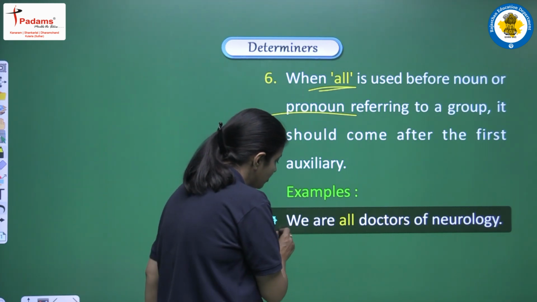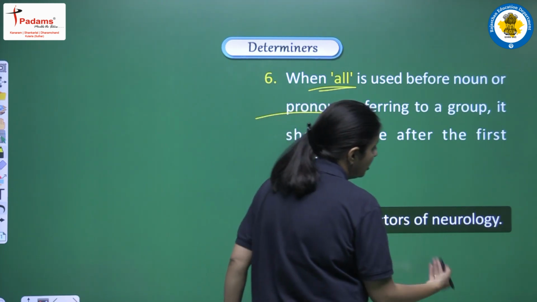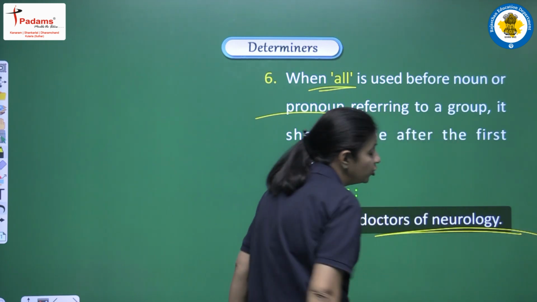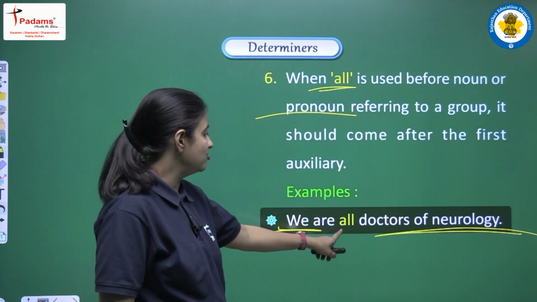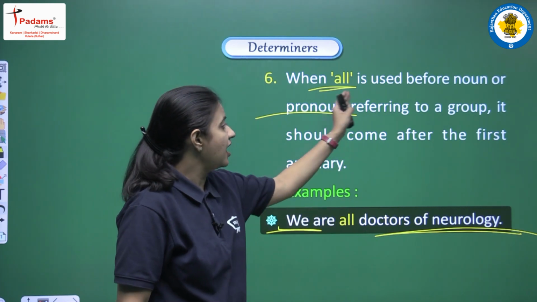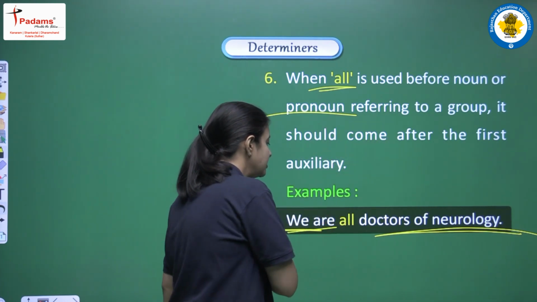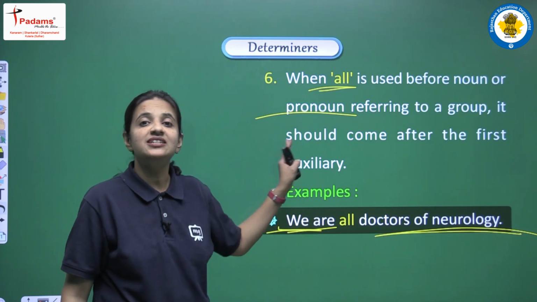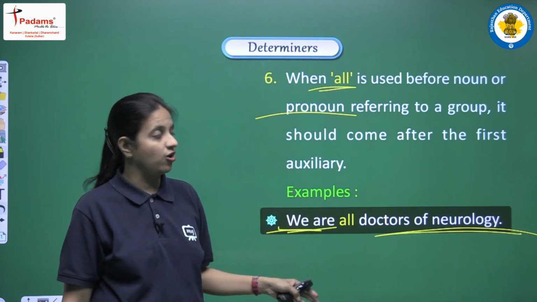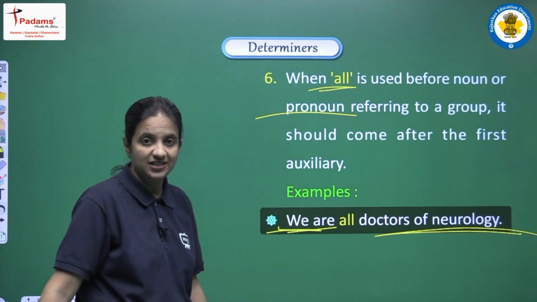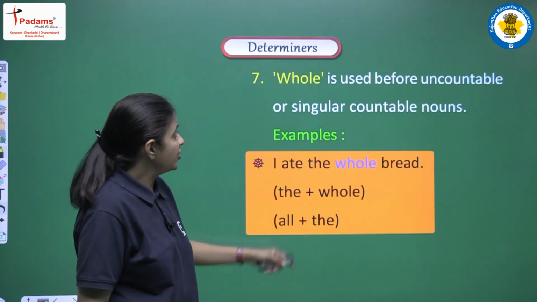Here we are talking about doctors who belong to the same group. This is the reason we are using all after the first auxiliary. Are is our first auxiliary, and after that we use all, and the structure is we all are doctors of neurology.